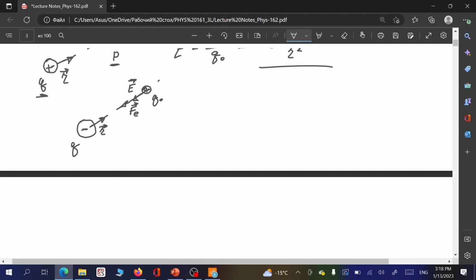Okay, so now let us consider a system of several electric charges. So far we considered only one source charge. However, obviously there could be a situation when we have more than one charge. So let's consider first this qualitative example, and then we will go for some quantitative analysis.